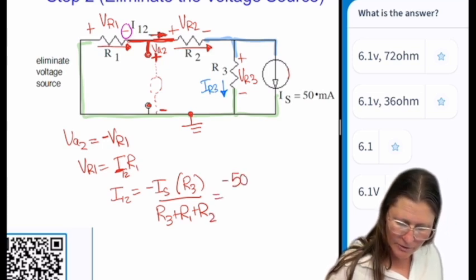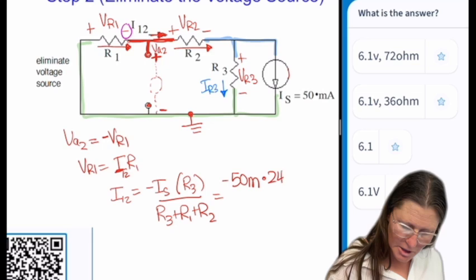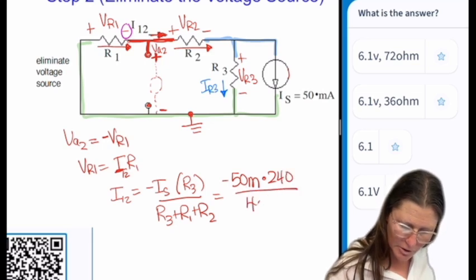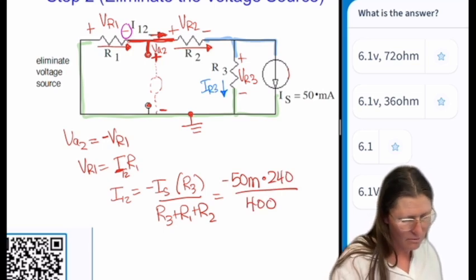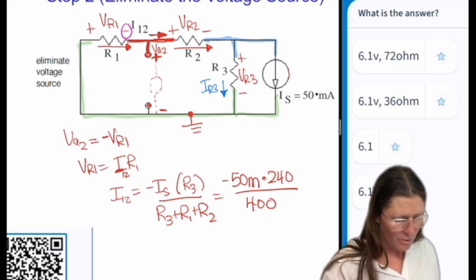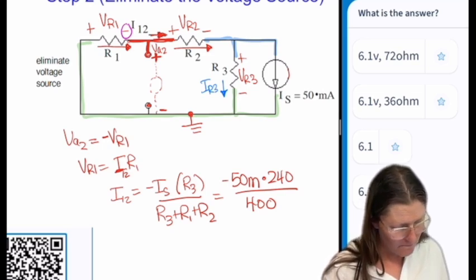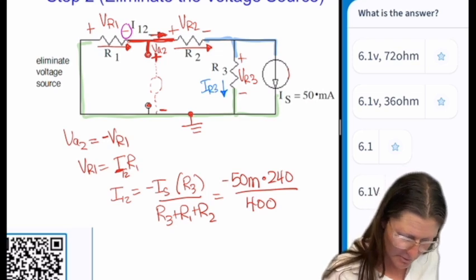And so 50 milli, R3 was 240, all over 400, which gives 0.03 or 30 milli.